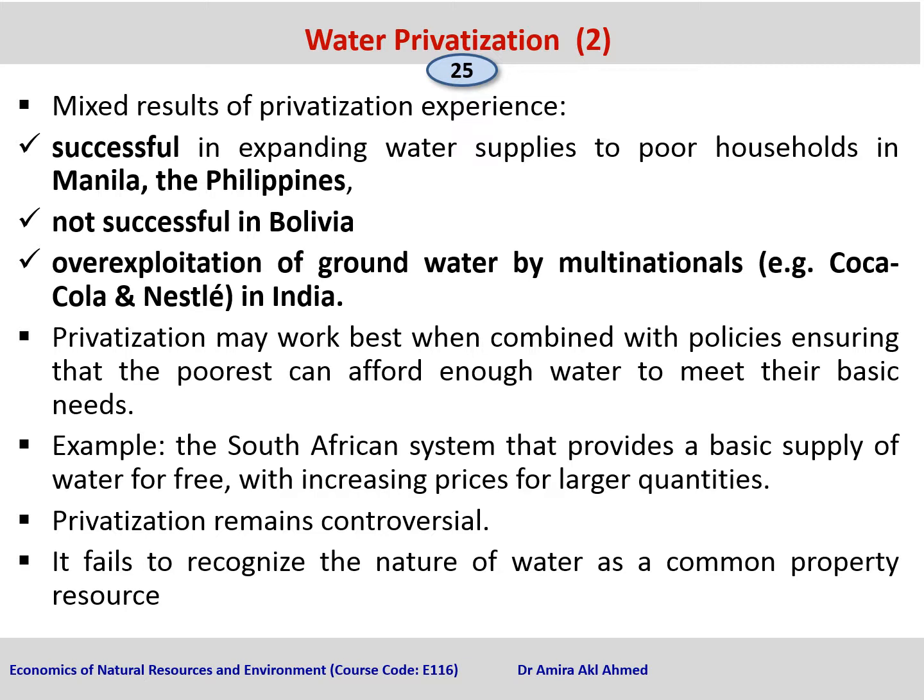Privatization is likely to work best if it is combined with policies ensuring that the poorest can afford enough water to meet their basic needs. For example, in the South African system that provides a basic supply of water for free with increasing prices for larger quantities.